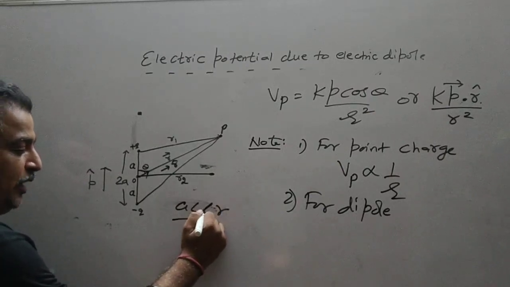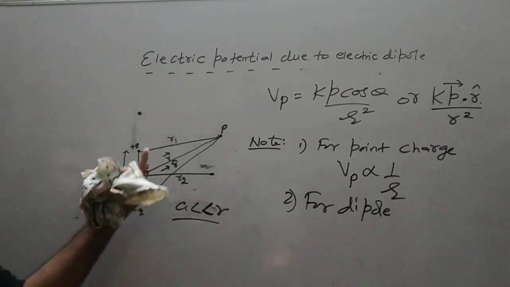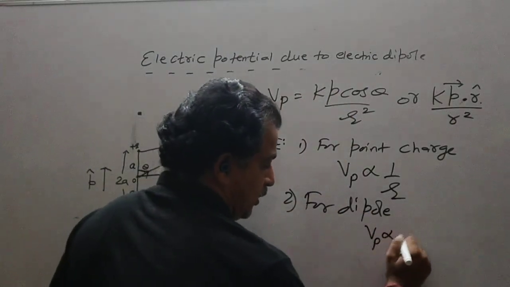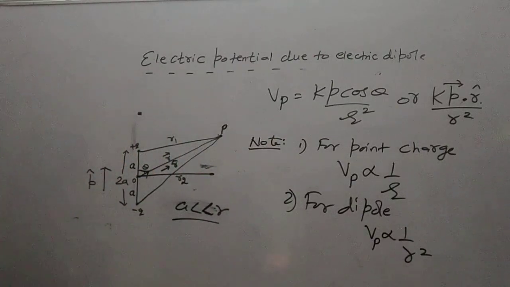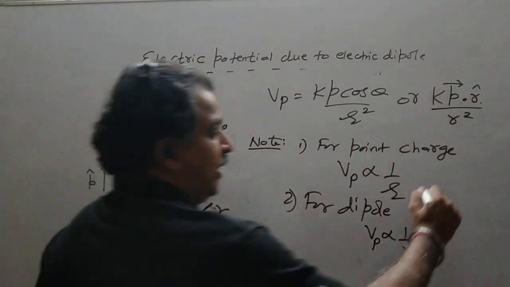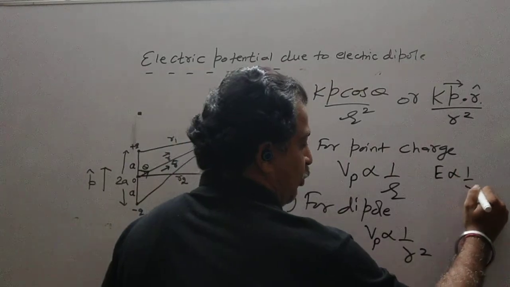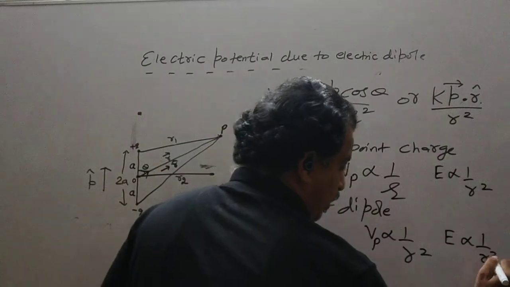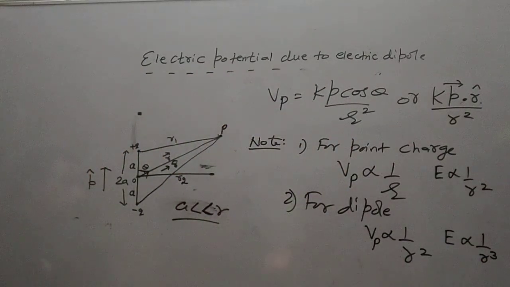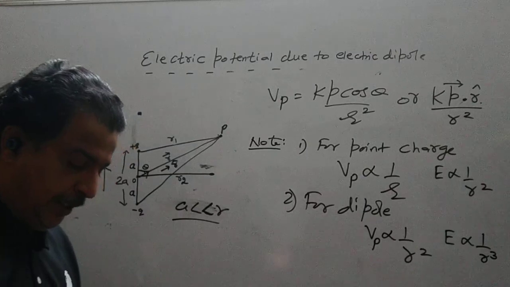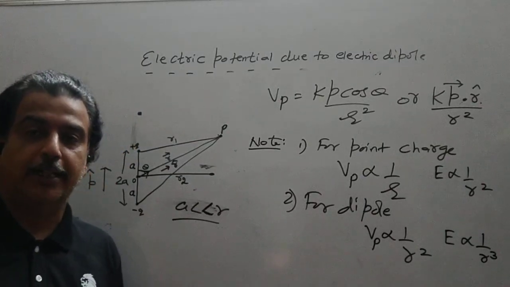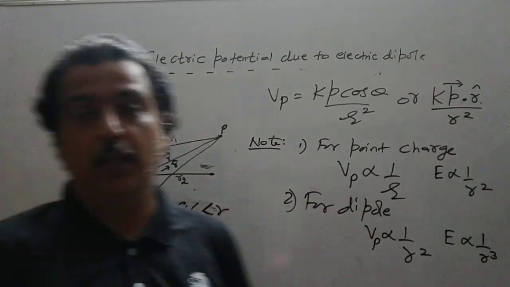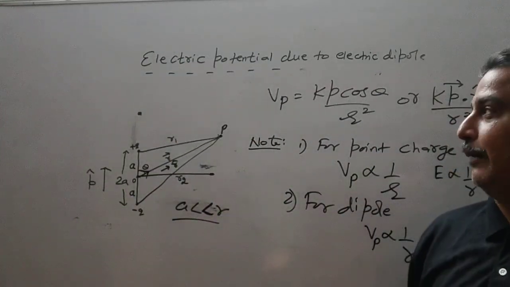So for a short dipole we have derived this equation. For a dipole, potential is inversely proportional to the square of distance. And if you remember, the electric field for a point charge was 1 upon r square, and the electric field for the dipole was 1 upon r cube. In any case, electric field is equal to V upon r, that is volt per meter, that we have discussed. So this is the electric potential due to an electric dipole.